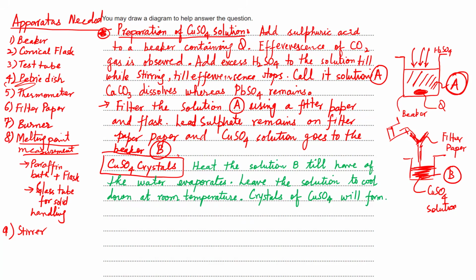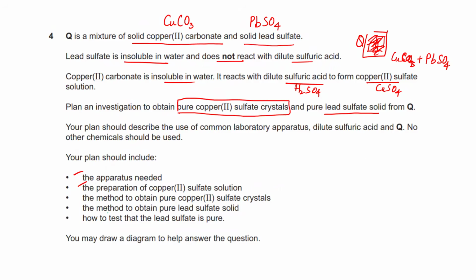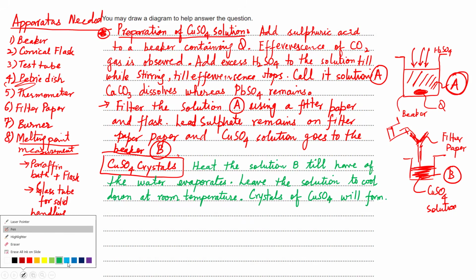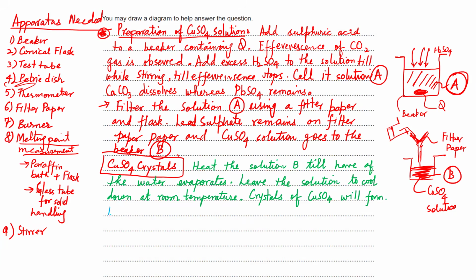Okay. Then part C says method to obtain pure lead sulfate solid. Okay. So let's write it as lead sulfate solid.